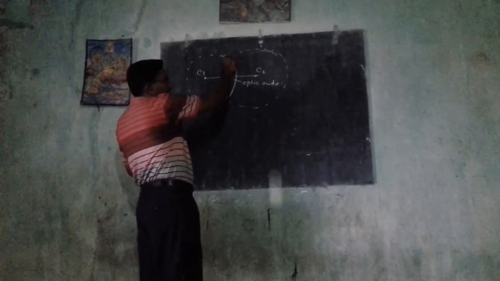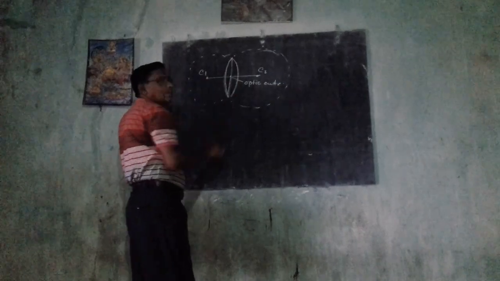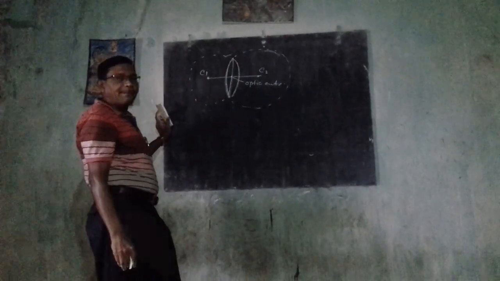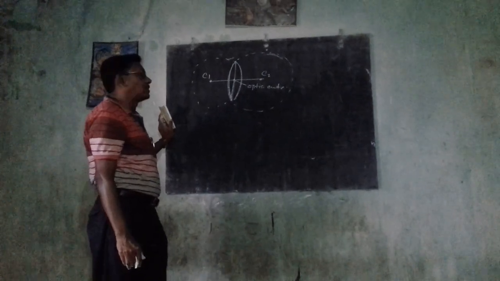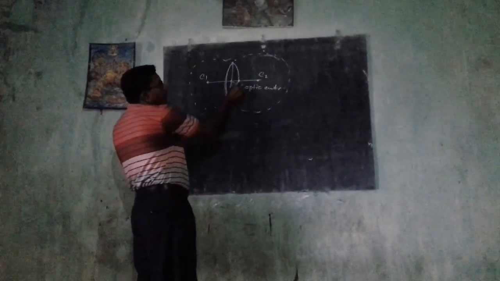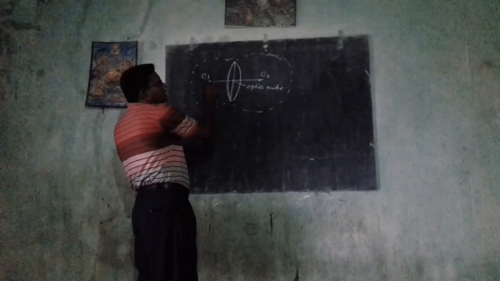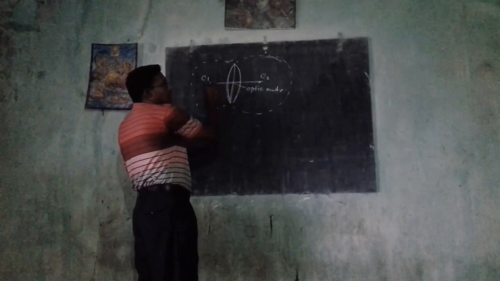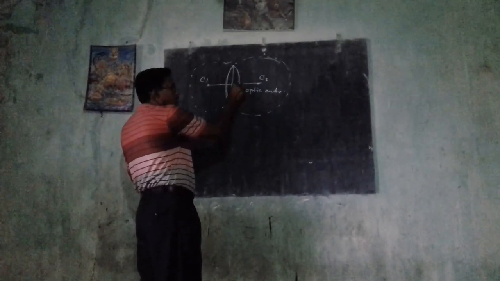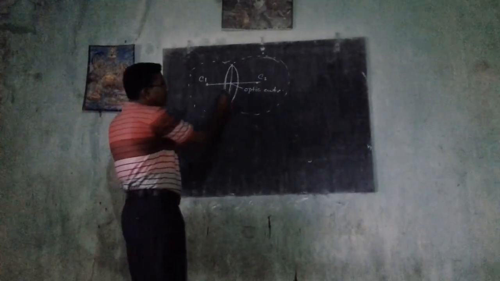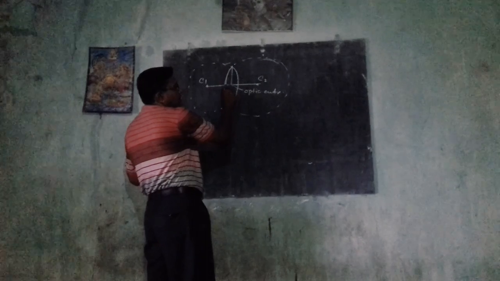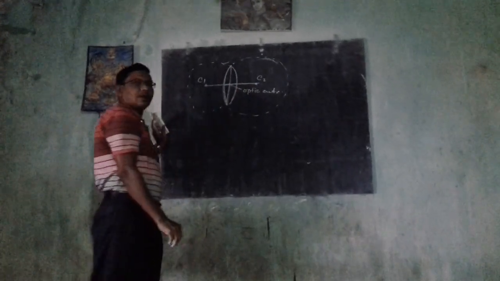The diameter of the lens is also known as the aperture, as in the mirror. Now from this point to this center is the radius of the sphere, so it is also known as the radius of curvature. And from this point to this is also a radius of curvature.